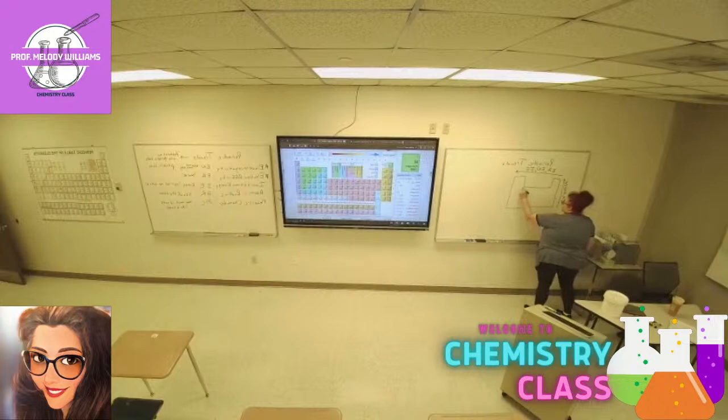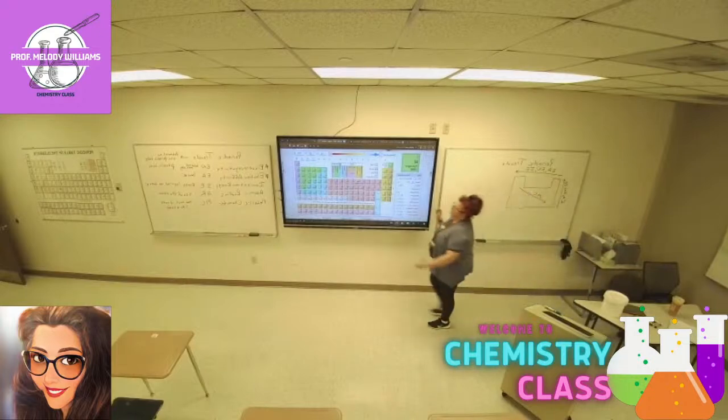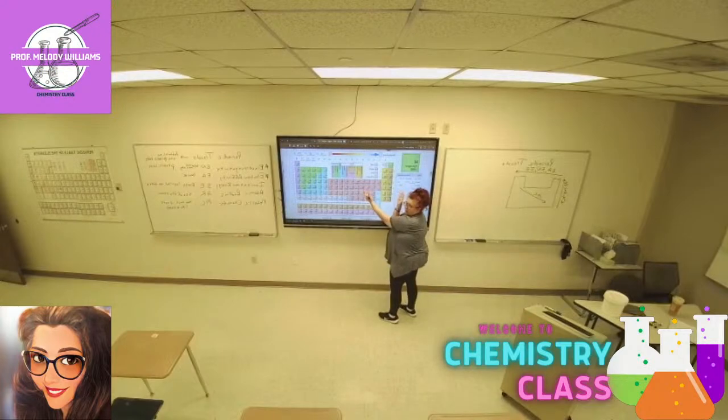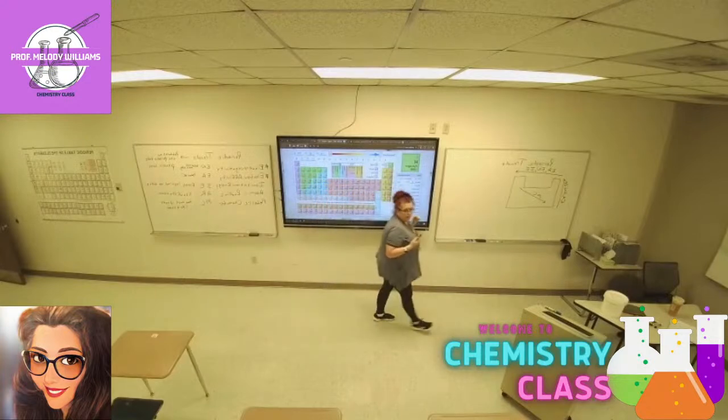Metallic character tends to be a bit more like this. Metallic character increases the more we go this way. But that makes sense. Most of our metals are on this side, right? So we would be moving away from the non-metals.